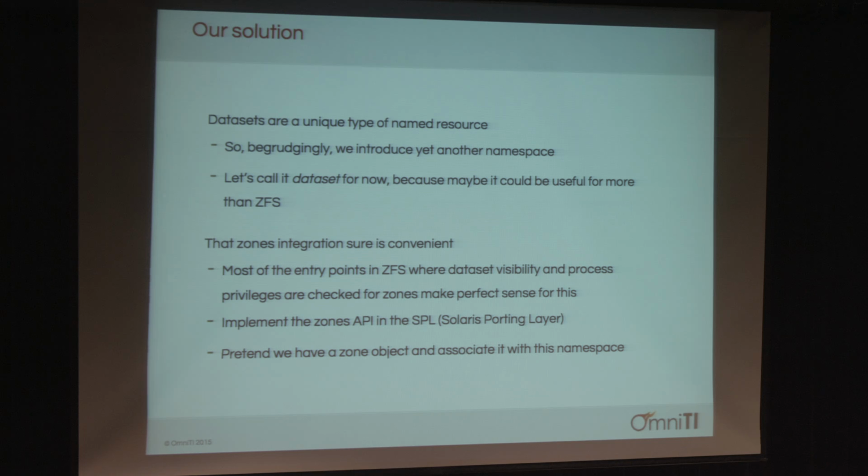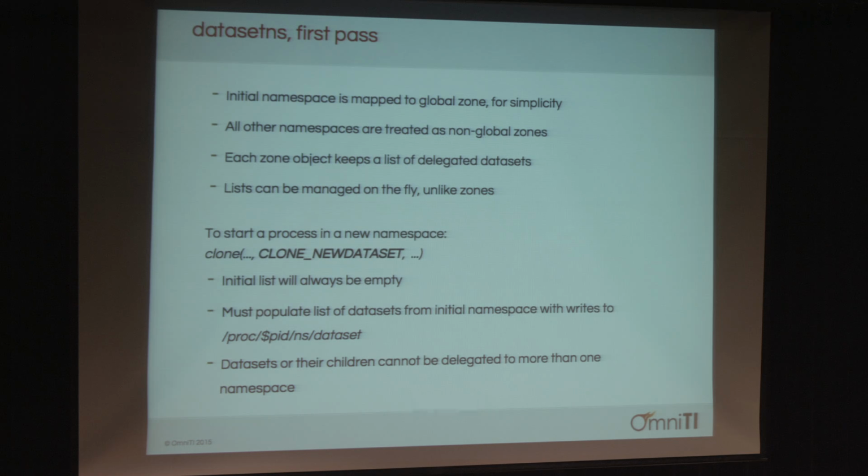There's this fake zone object that we interrogate, which has an associated namespace. For each dataset namespace we have a mapping there, and we treat it the same way as we would treat an actual zone.